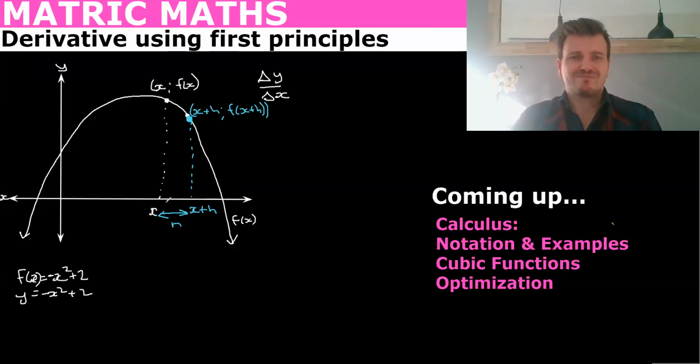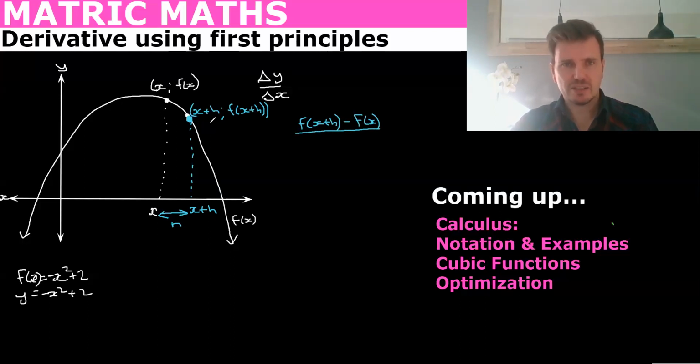And so he said, well, if I find that slope, I could then just put it into a formula. So I could just say change in y over change in x, because I've got these 2 points. So he said, right, well, my change in y is going to be f of x plus h minus f of x.